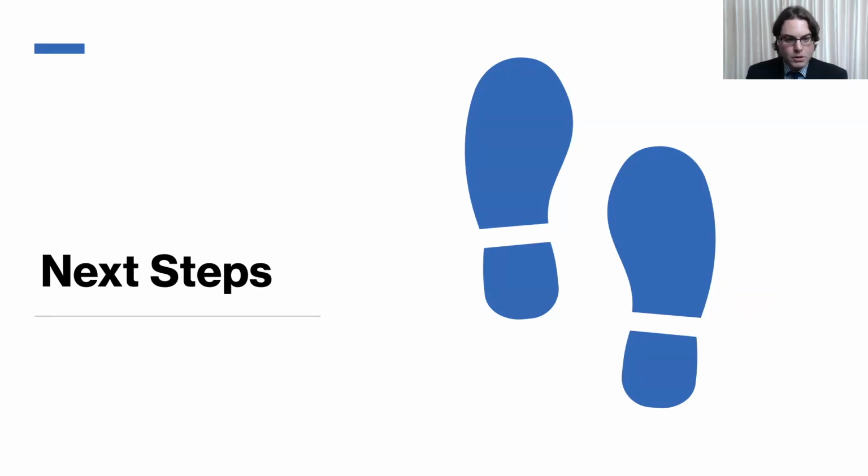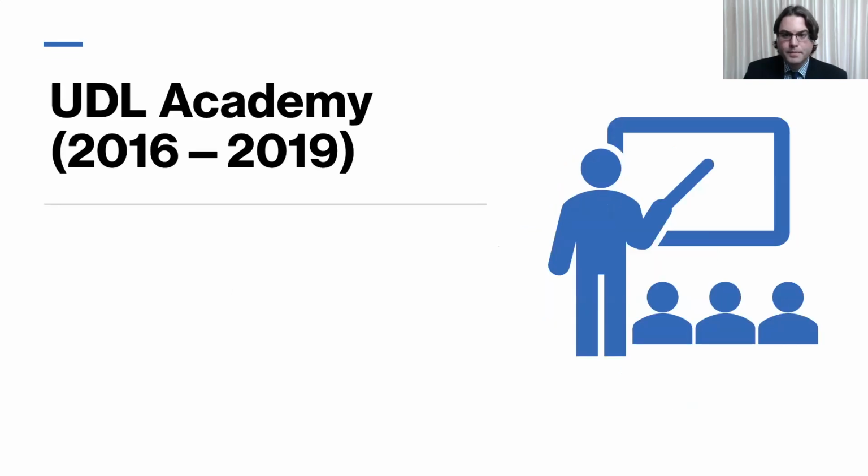To that end, I want to talk a little bit about some training that I've done with some of my colleagues at Onondaga Community College and Syracuse University. And I especially want to focus on a training that I was part of from 2016 through 2019. So at Onondaga Community College, we offered training in UDL to Onondaga Community College faculty, staff, and administrators for 4 years.